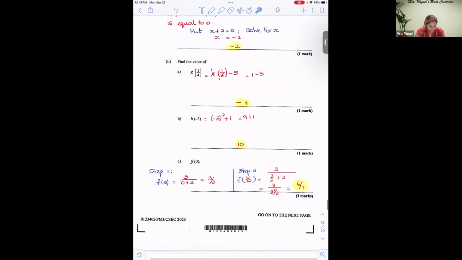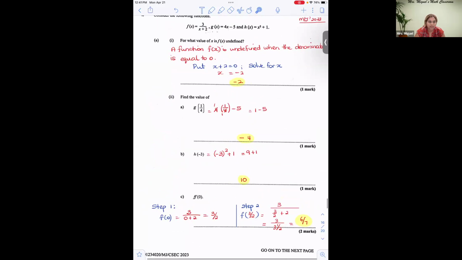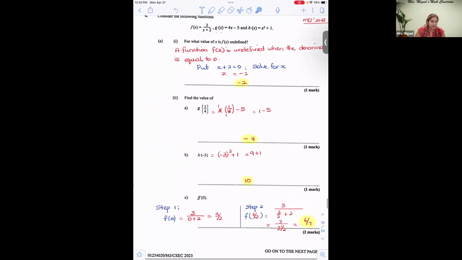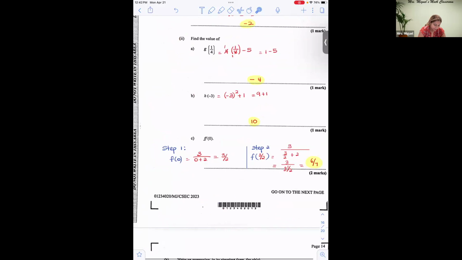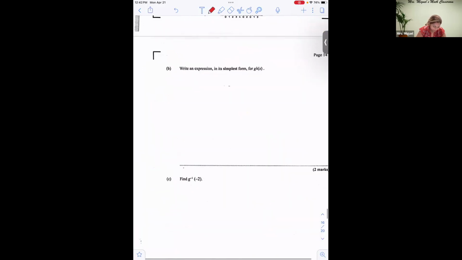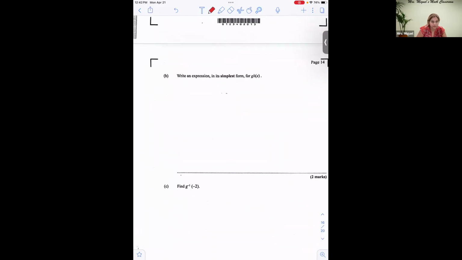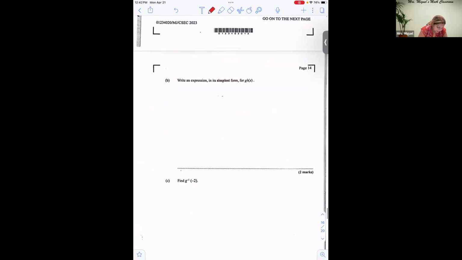The next part is you have to work out the composite function, g of h of x. So let me write g of x for you. And they want g inverse. So we still have some parts here. g of x is equal to 4x minus 5, and h of x is equal to x squared minus 1.